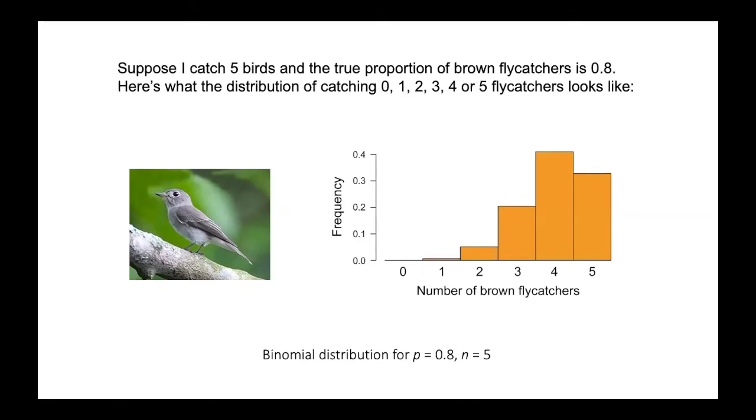So if the frequency of brown flycatchers in the population is 0.8, the most likely outcome in a sample of 5 flycatchers is that 4 out of 5 will be brown, but it's possible to get 5 out of 5, 3 out of 5, and so on. So this frequency distribution here is calculated from a binomial distribution where the probability of getting a brown flycatcher is 0.8 and our sample size is 5.